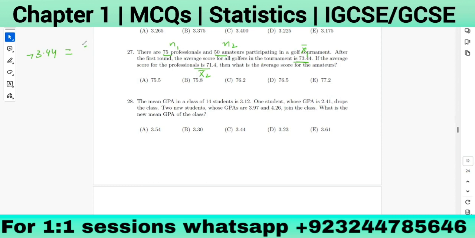what is the average score for professionals? 75 times 71.4 plus the average score for the other one, the amateurs, 50 times we don't know what, divided by the total number.